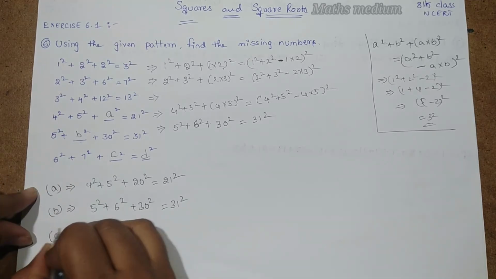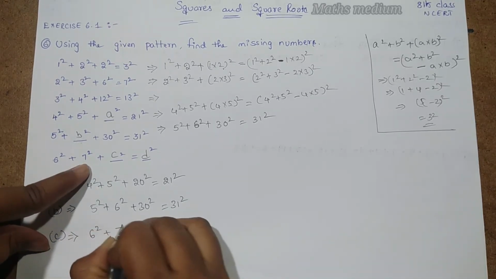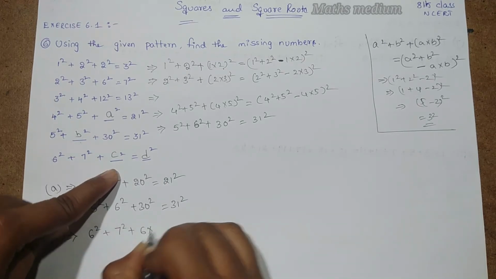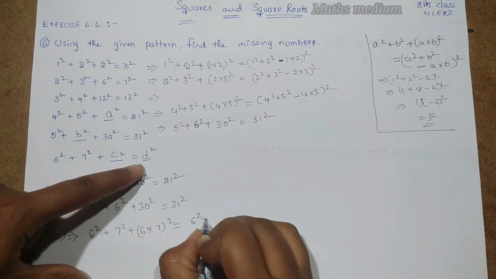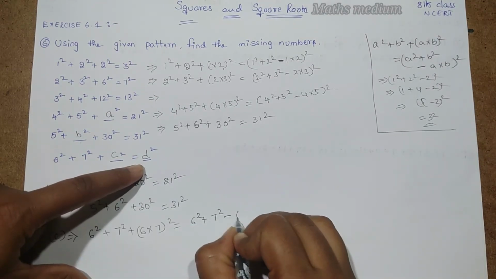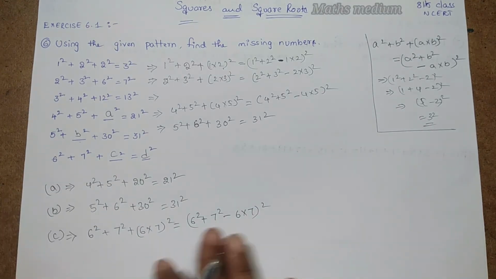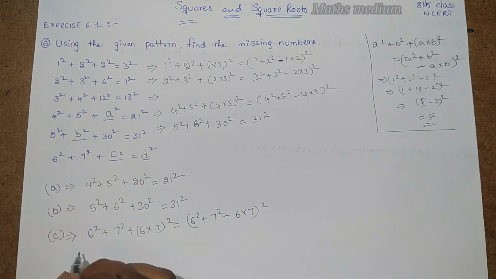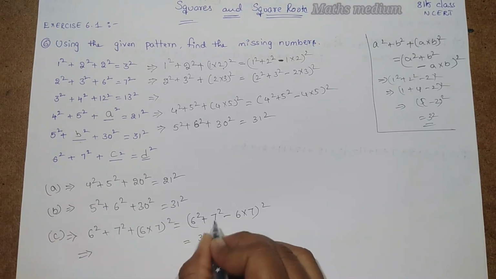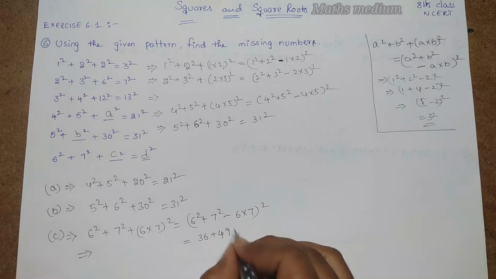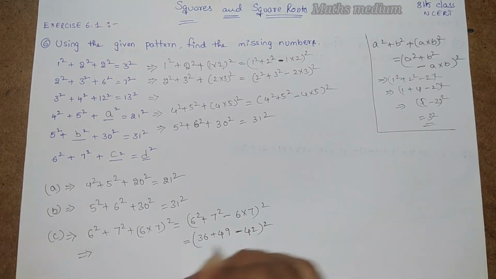And finally, we have this: 6 square plus 7 square plus (6 into 7) whole square is equal to (6 square plus 7 square minus 6 into 7) whole square. By solving this equation, we get both C and D values. So 6 square is 36, plus 7 square is 49, minus 6 sevens are 42, whole square.